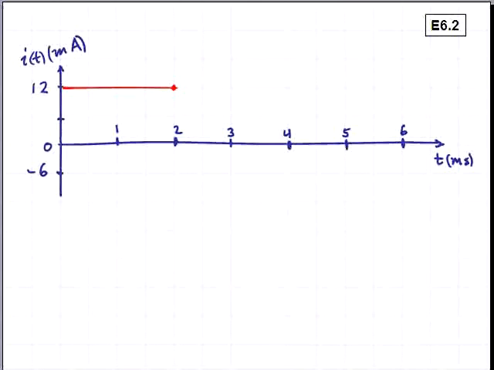Then the current drops to a negative 6 milliamps between 2 milliseconds and 6 milliseconds. After 6 milliseconds, the current falls back to a value of 0. So notice, although the applied voltage is unipolar, that is of one polarity, we have a current waveform which is bipolar in nature.